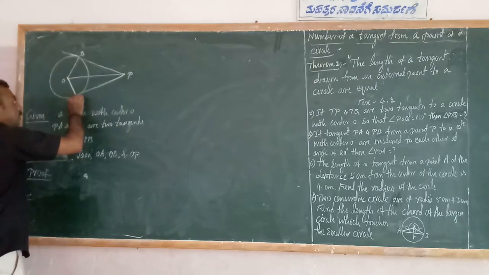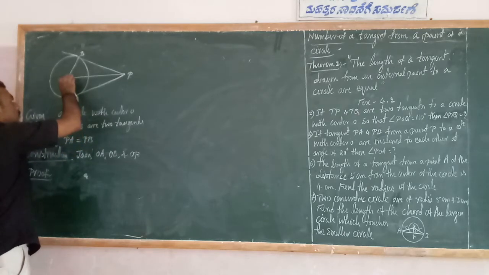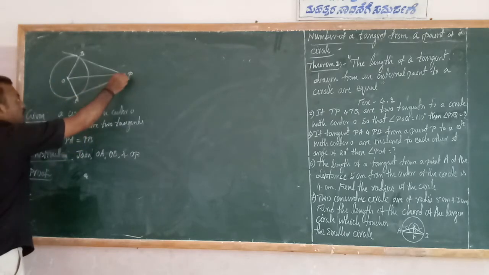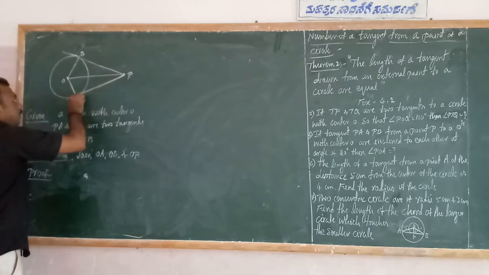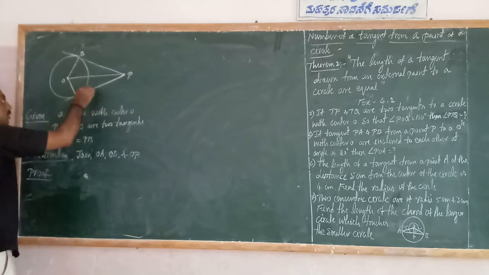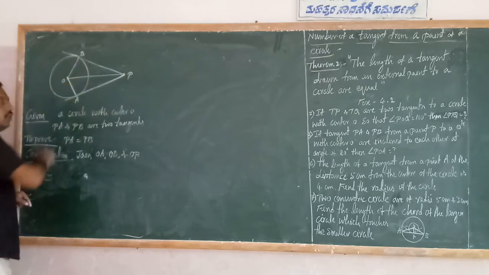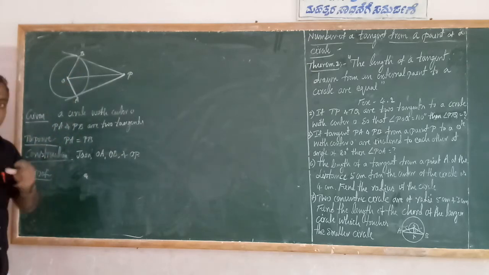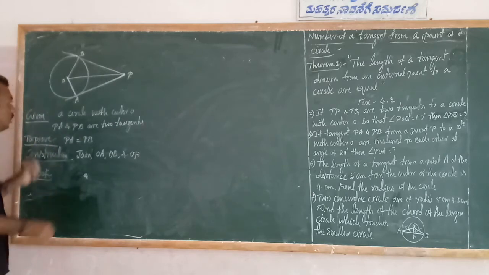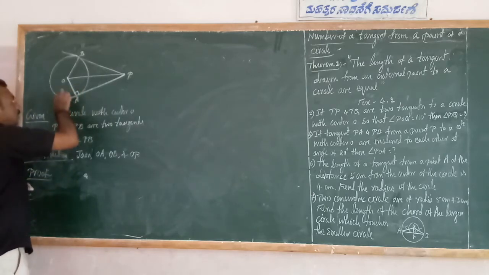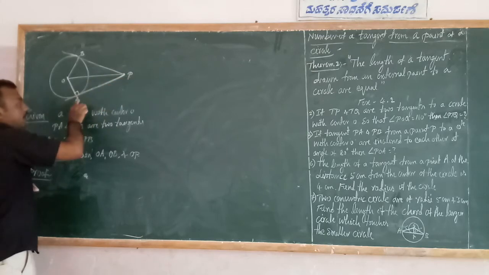I draw the radius from point A to point O, and PA is a tangent. The tangent is perpendicular to the radius of the circle. This theorem we already proved in the previous classes. So this becomes 90 degrees, angle OAP is 90 degrees.